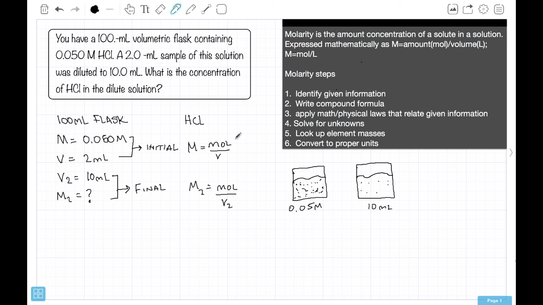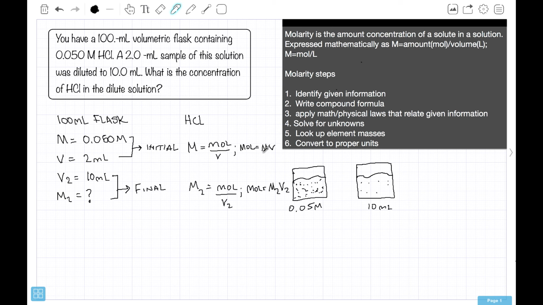And the way we're going to do that is because we have the molarity and the volume here, we're going to solve for moles. And you'll see why in a moment. Moles being your only unknown, you have moles equals molarity times volume. If you do the same thing here, you're going to have moles equals M2 times V2.